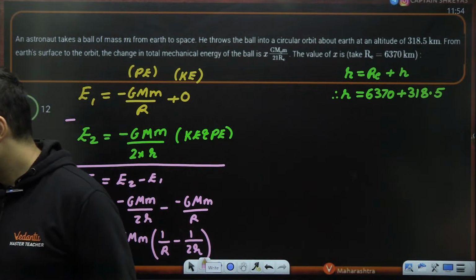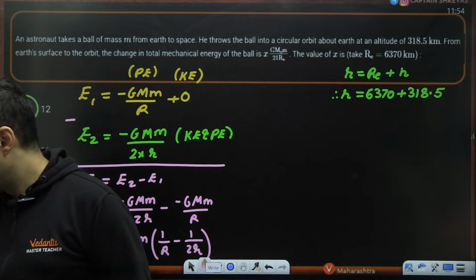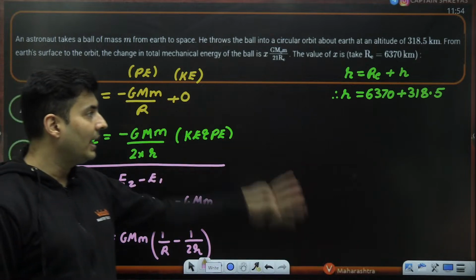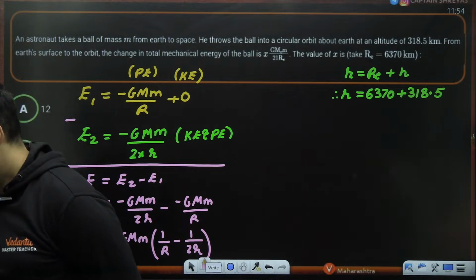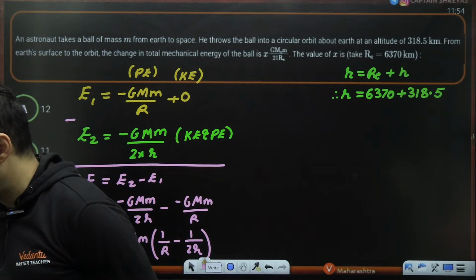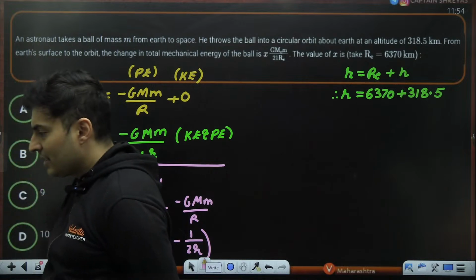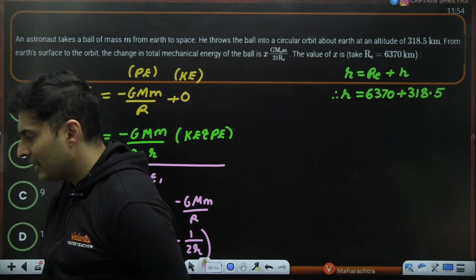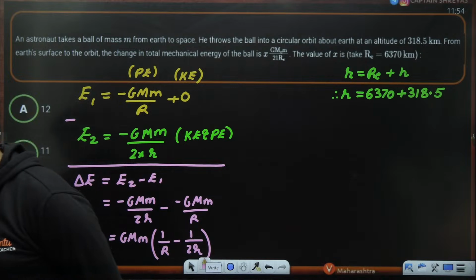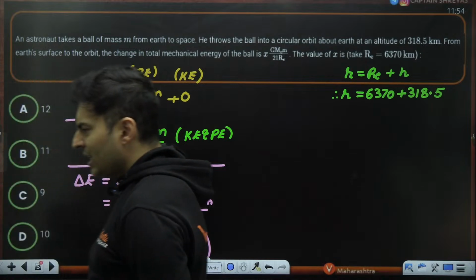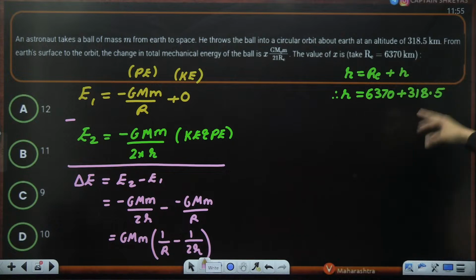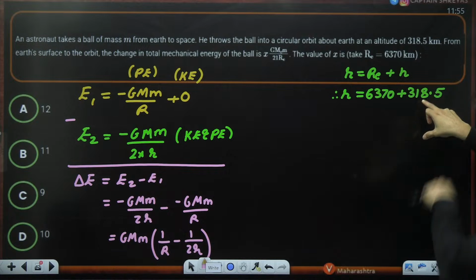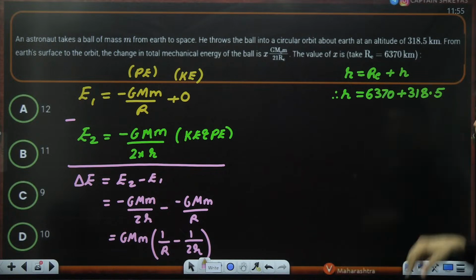How many times is 318 as compared to 6370? Is it some multiple approximately? Just check it out. Yes, I think it will be some multiple. 3180, if you multiply by 10 times. So if I make it 20 times, I will get this.